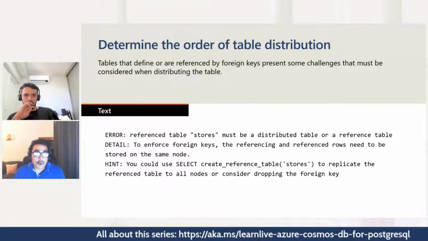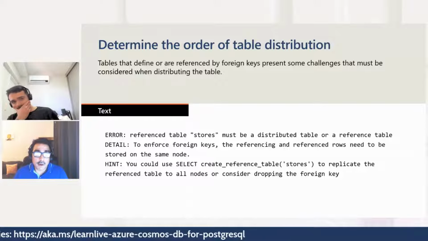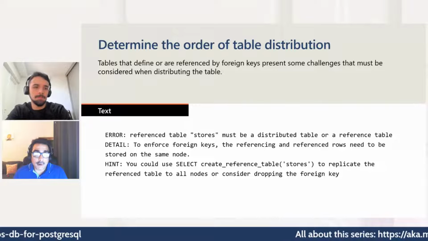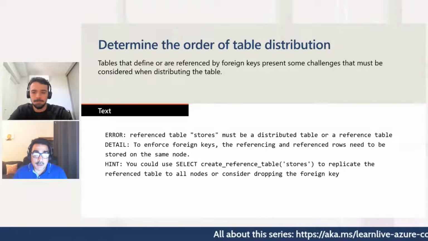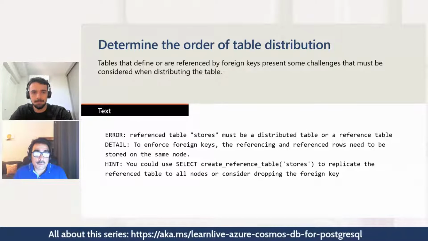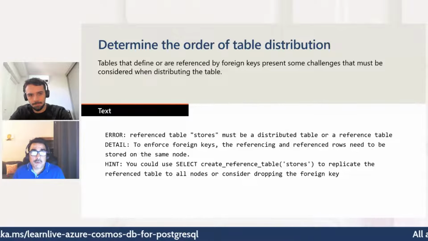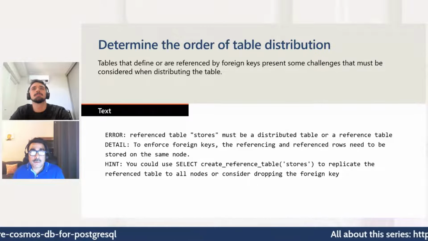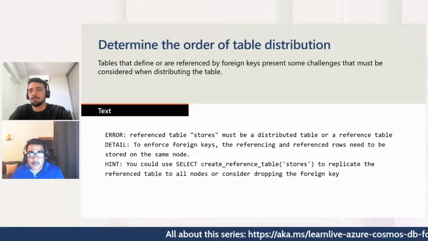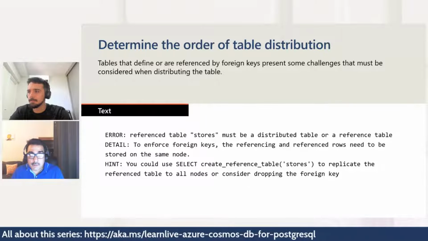So the order should be that all the reference tables, which contain the foreign keys being referred to or used in the main table, need to be distributed first. In our example, if you distribute the order table before, let's say, the store table, you'll start getting an error, because you won't have the equivalent of a primary key foreign key constraint, which is in there.